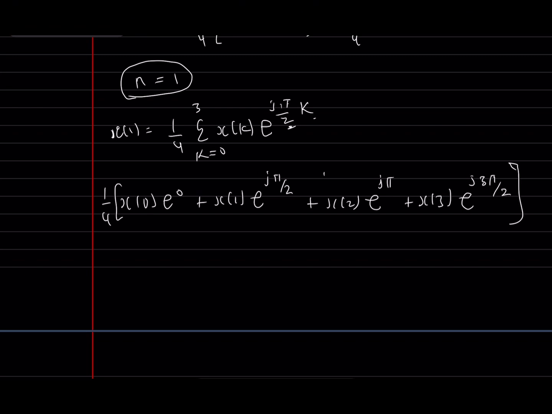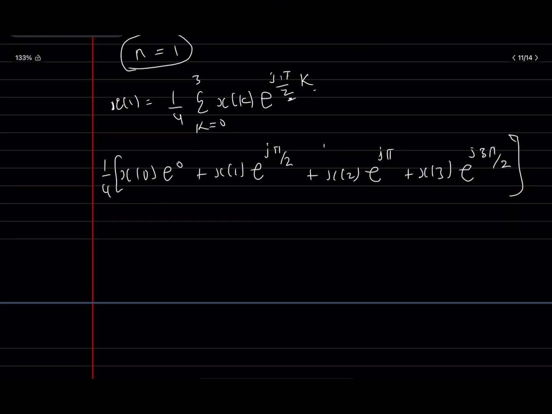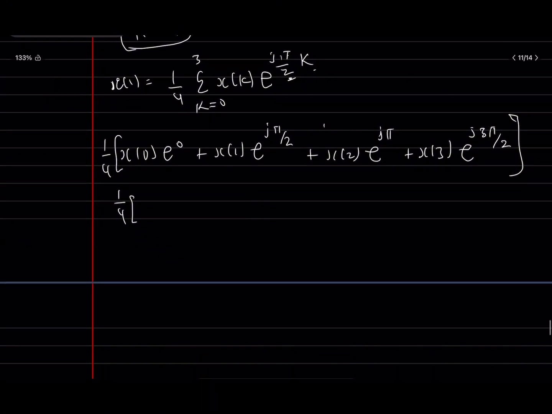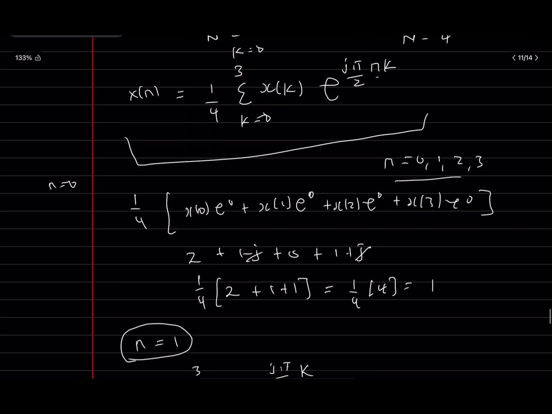Based on this, we need to do the simplification. For n equal to 1, we are going to get 1 over 4 multiplied by 2, because the first part is 2, which is from the question.